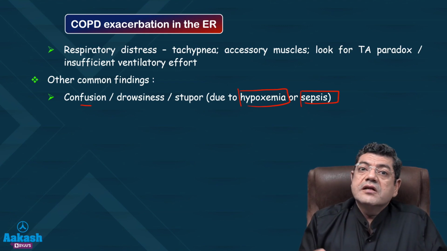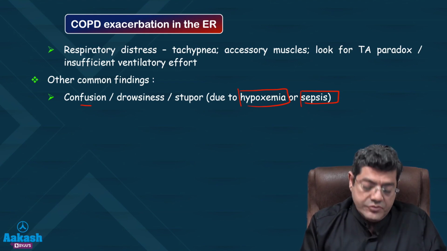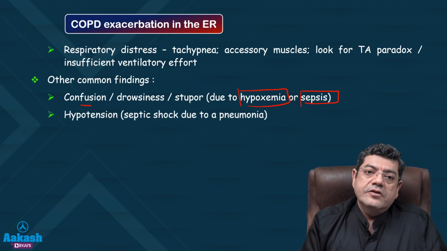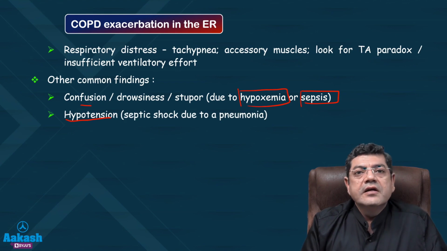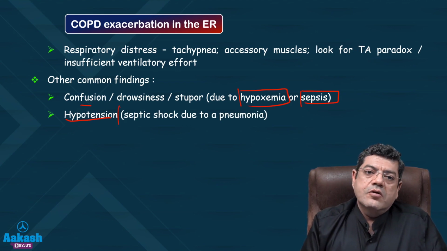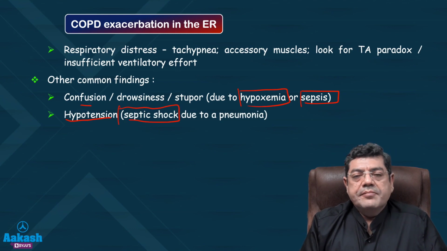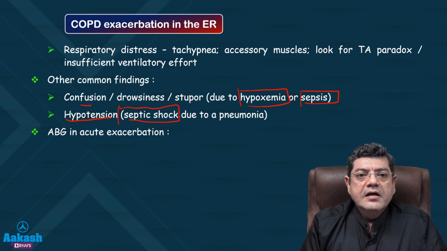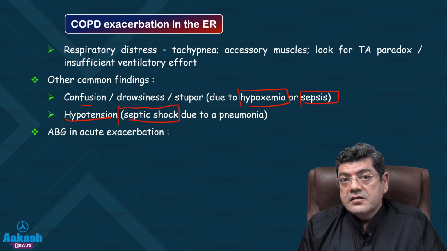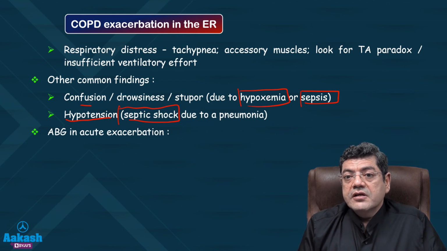Another phenomenon that can alter the sensorium in this situation is hypotension, and you can measure that objectively when you see their blood pressure, right? And hypotension, the commonest cause there would be a septic shock, right? Another reason for hypotension in a COPD patient with exacerbation.